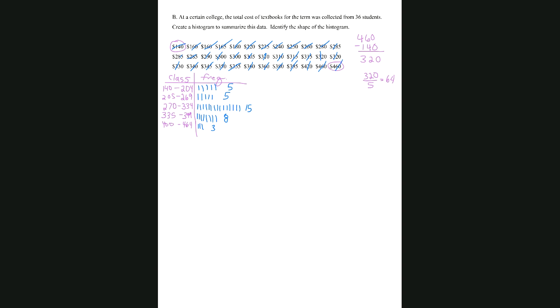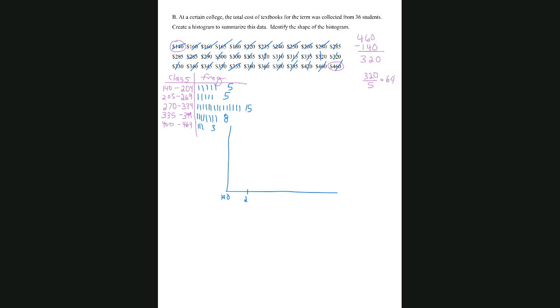So now let me create the histogram. You know, my record with using this mouse to draw is not going to make this as nice as it should be. But I'm going to start with 140, and then I'm going to go all the way over to 205.